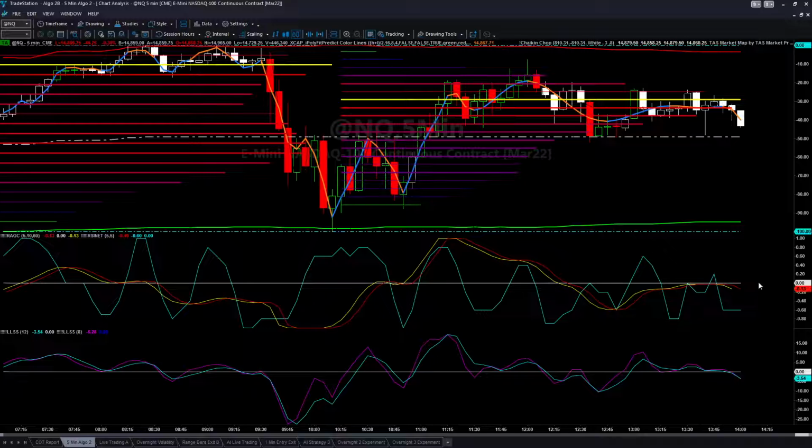This is shaping out to be a good downside trade after about an hour of being in consolidation, right? It's almost out of consolidation. Almost.